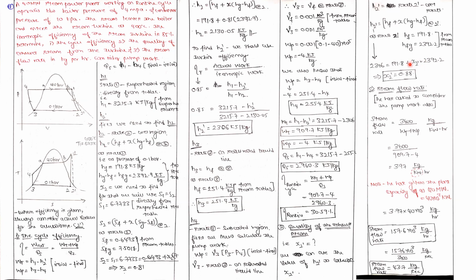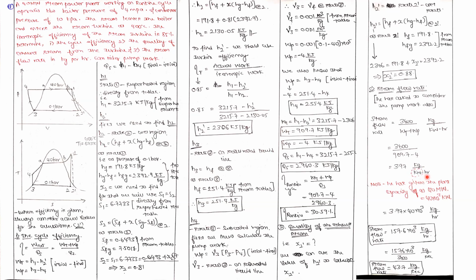Last one is the steam flow rate. He has asked to consider the pump work also specifically. Look into the question once again: the steam flow rate in kg per hour, consider the pump work. So just consider the pump work also. Pump work is minus 4, and whatever value you get will be in kg per kilowatt hour. Note, this is very important. He has given the plant capacity as 40 megawatt.